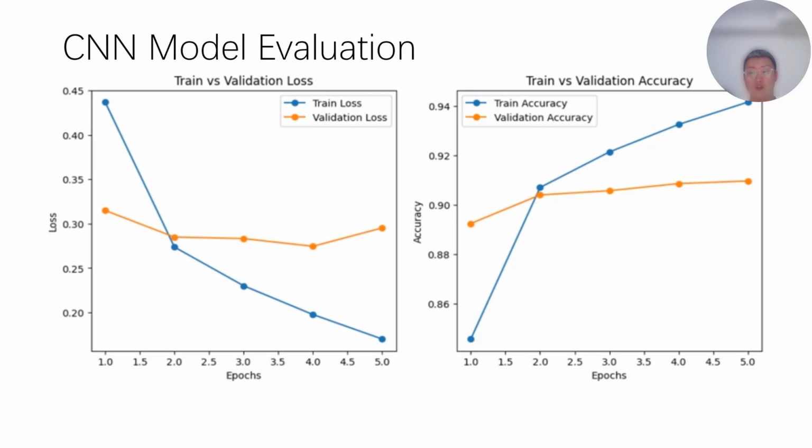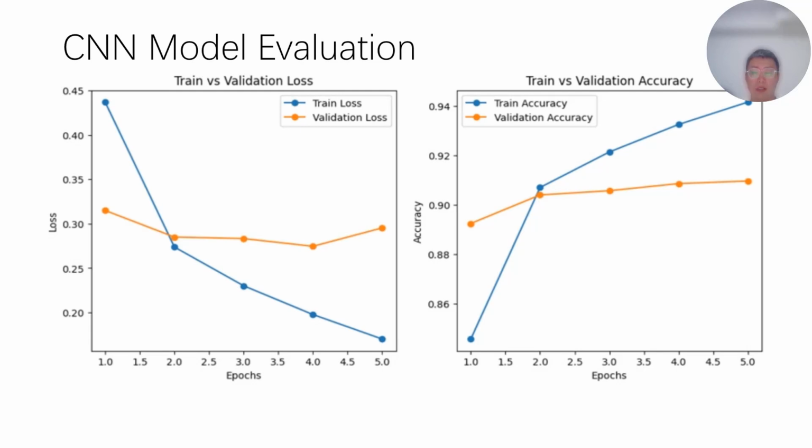And here are the training and validation curves. The accuracy curves of both the training side and validation side show a steady upward trend, indicating that the model gradually improved its classification ability during the learning process. The training loss decreased from 0.4370 to 0.1700.